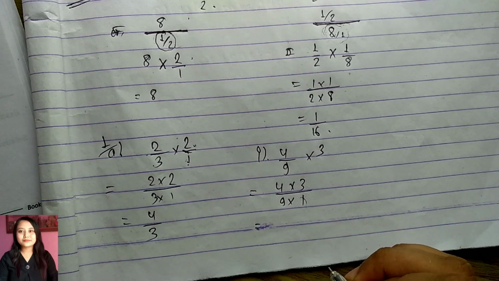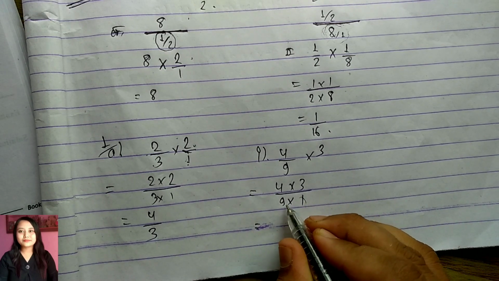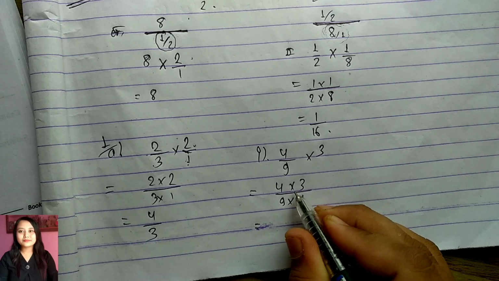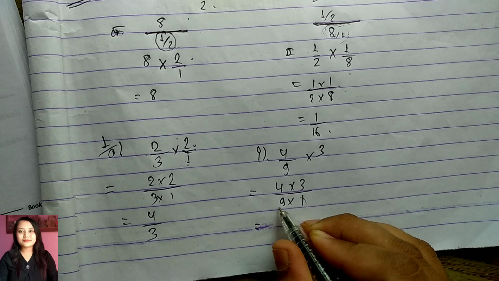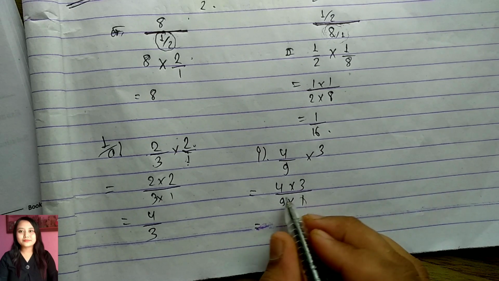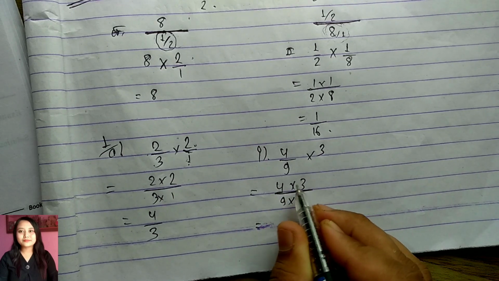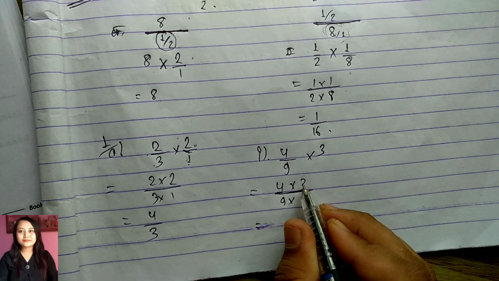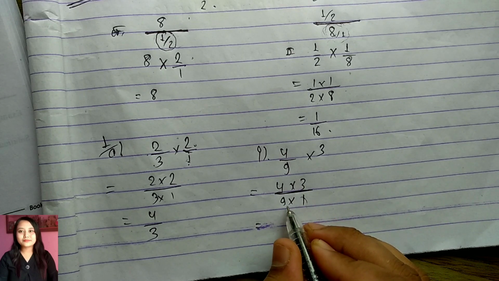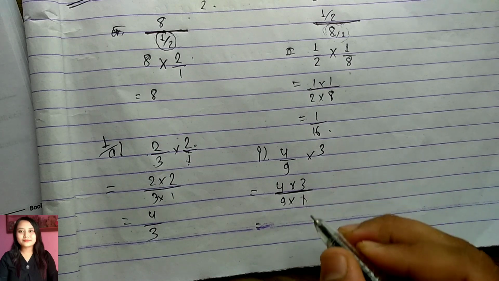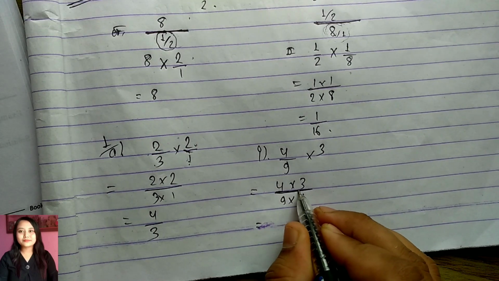Now, since 3 and 9 are in the numerator and denominator, this numerator 3 can divide this denominator 9. Can we? Since there is a division sign between numerator and denominator. In the numerator there is a multiplication sign, and in the denominator also there is a multiplication sign, but between numerator and denominator there is a division sign.